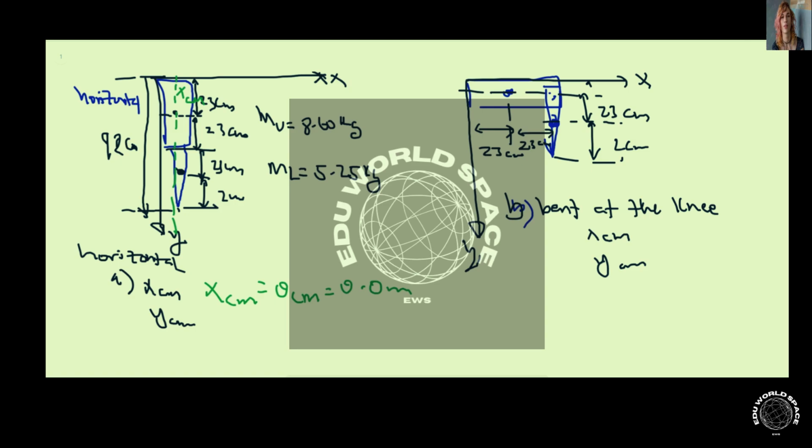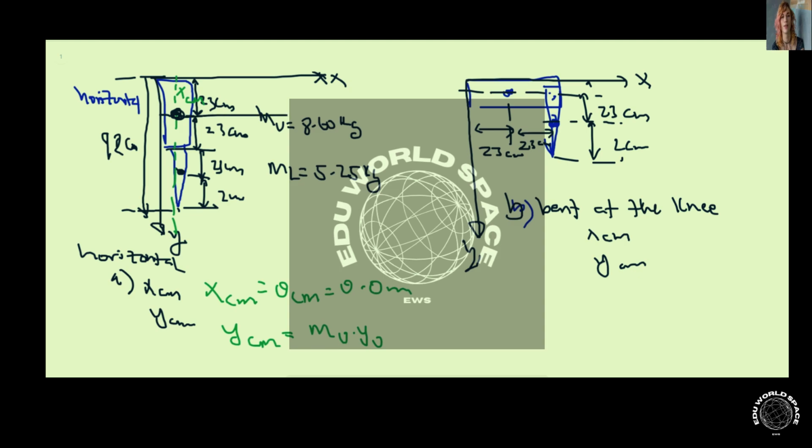Now, to find y, the value of y center of mass, we have to take the formula, which is the mass of the upper leg times the distance of the upper leg from the horizontal. So that's this distance right here, and we can indicate that.